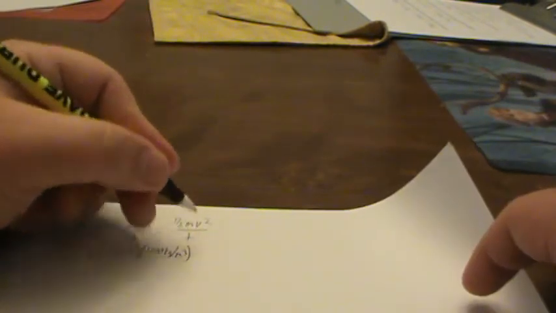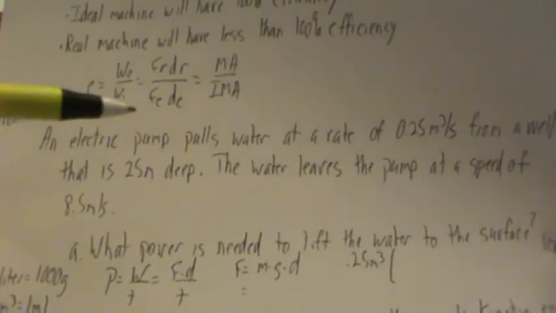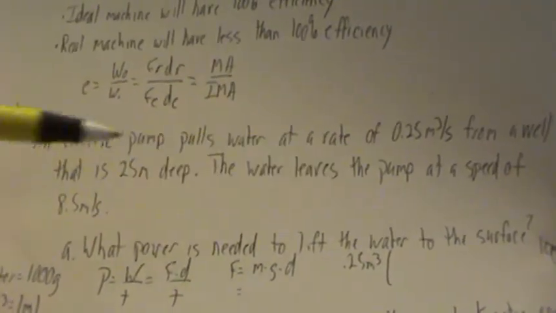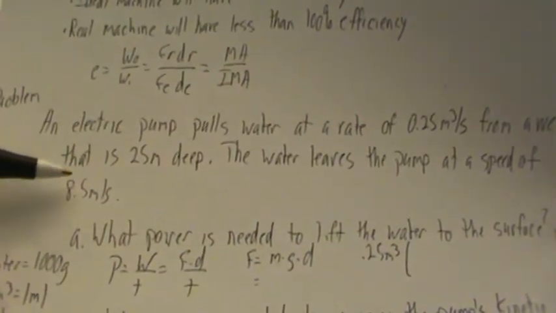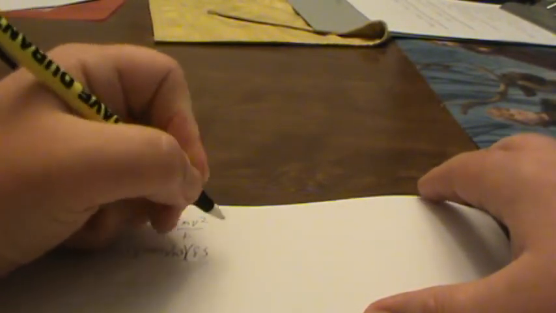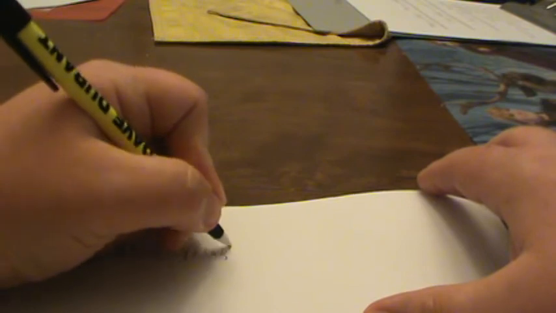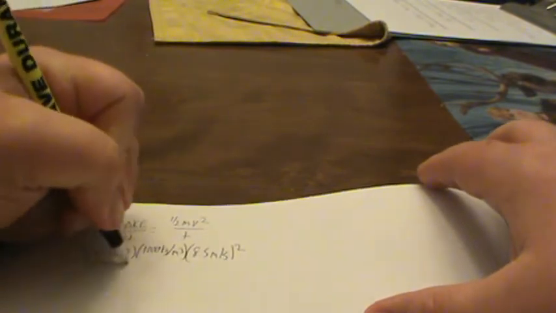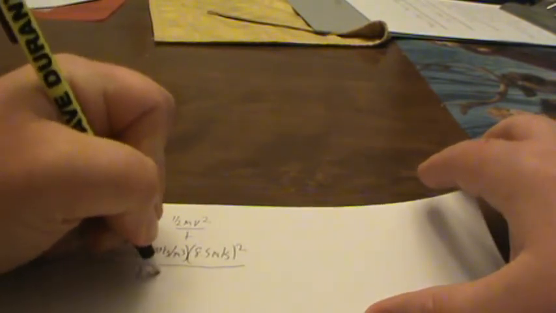So that takes care of the mass part. Now, velocity, V. Back in the original problem, it says that the water leaves the pump at a speed of 8.5 meters per second, and that was all over 1 second.